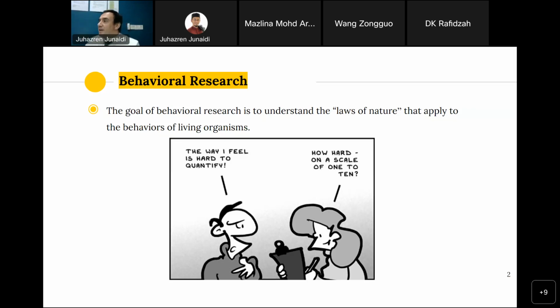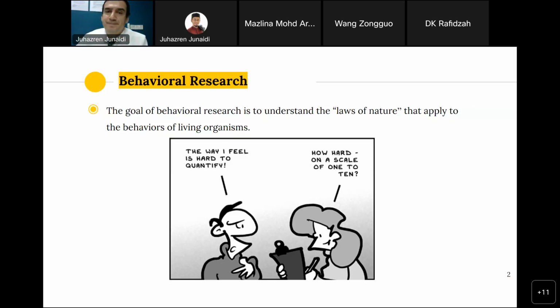We have to look at the behavior to understand and interpret what's going on in the human being, including the learning. So the goal of behavioral research is to understand the laws of nature that apply to the behaviors of living organisms. Since we can't directly look inside the mind physically, we have to interpret the behavior of the living so that we can have an understanding of why and when and how they will act like this.